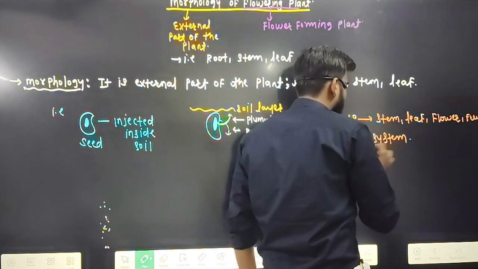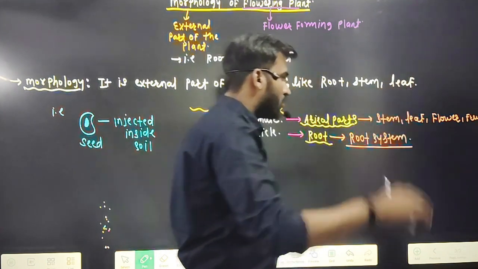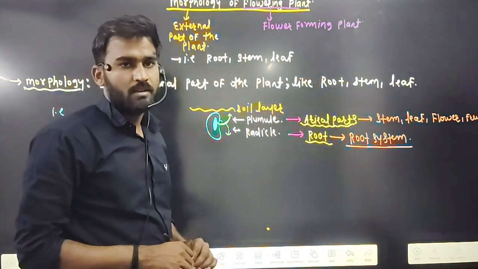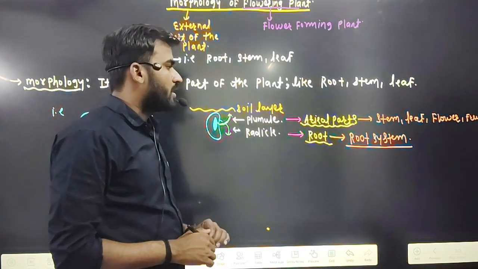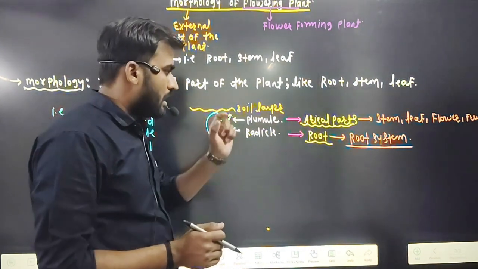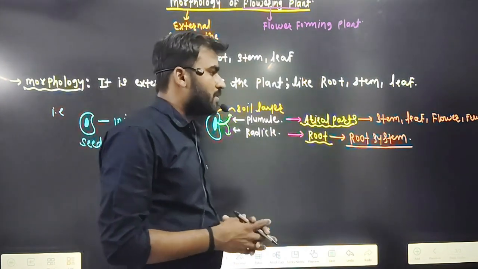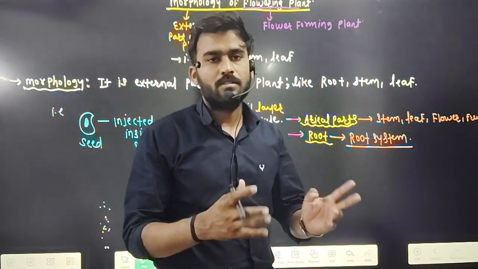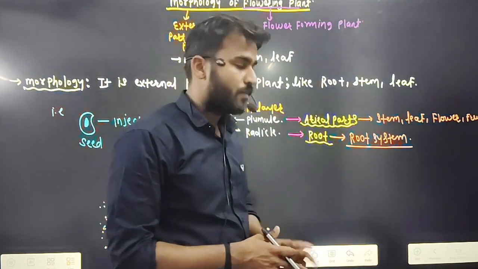The root system is nothing but, in a plant, the roots that form underground in the soil. The aerial parts form on the upper side of the soil. As well, roots have different types, the primary roots, secondary roots and tertiary roots, depending upon their function. What the function is, we will discuss in the next slide.